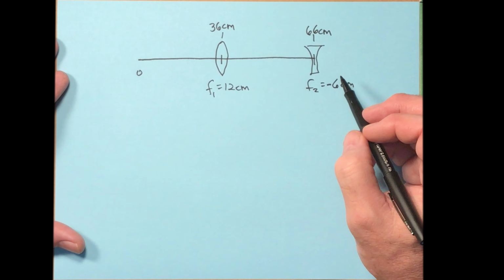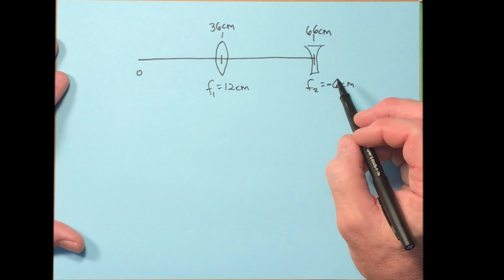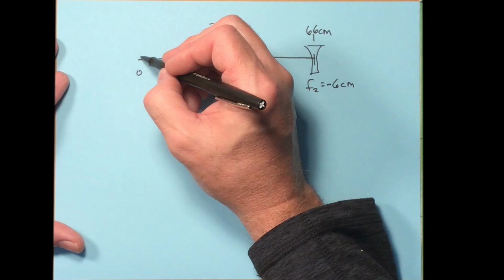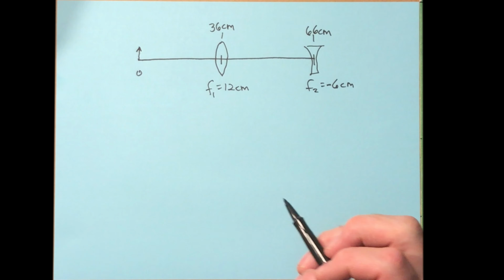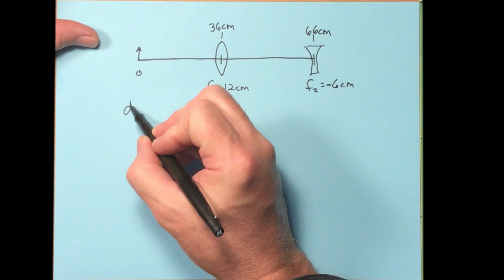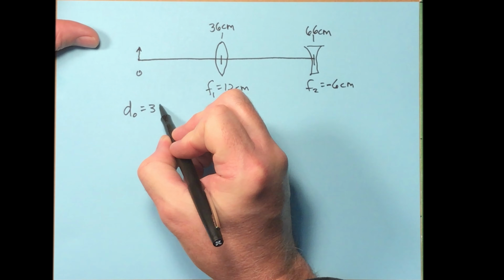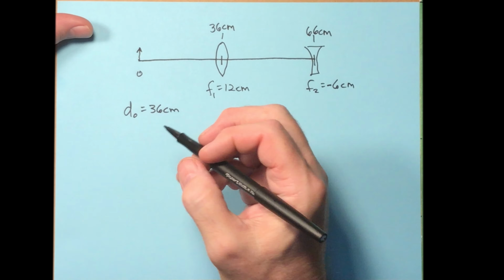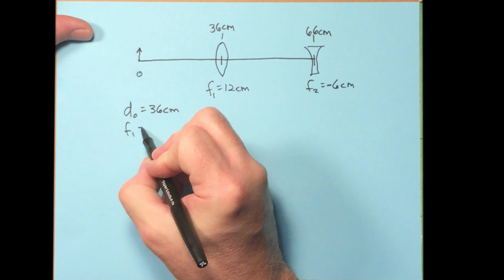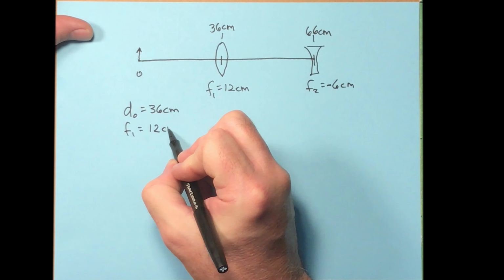Okay. The question is, where is the image? If the object is right down here at 0. And the distance to the object is 36 centimeters. Now it's to the left of the lens, so that needs to be positive. Focal length 1 is 12 centimeters.